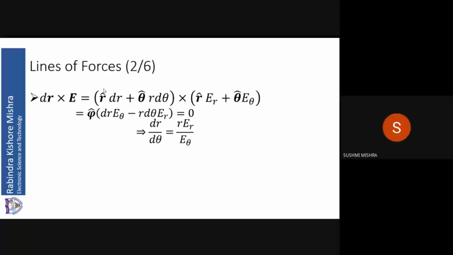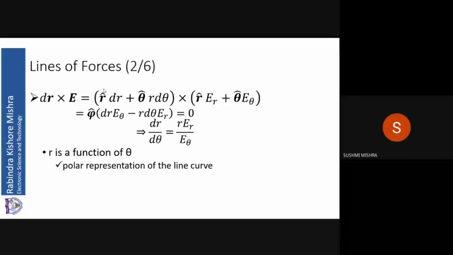Right? Which means now r is a function of theta. So using this, we have converted r to be a function of theta. This is going to be useful in finding the polar representation of the line curve, meaning the field line curves.